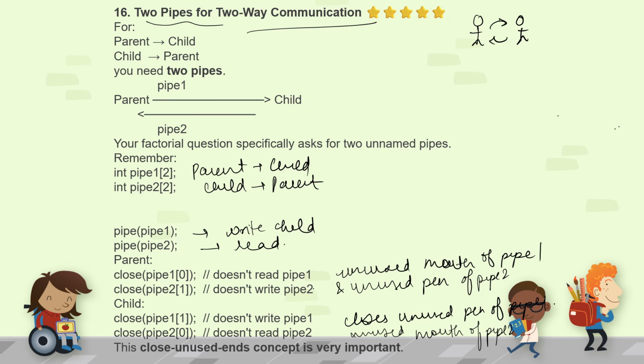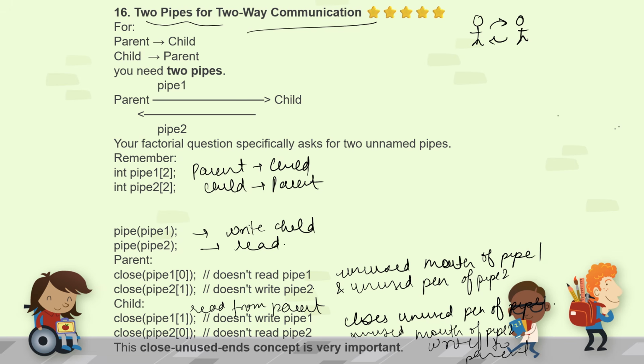So basically here, the child wants to read from the parent, and the child wants to also give his suggestion. He also wants to write to the parent. So this is the basic.